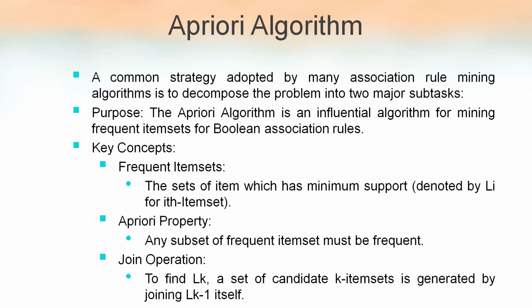The next main point is the join operation. The set of items which have minimum support is denoted by Lk for the k-th item set. To find Lk, a set of candidate k item sets is generated by joining Lk-1 with itself.